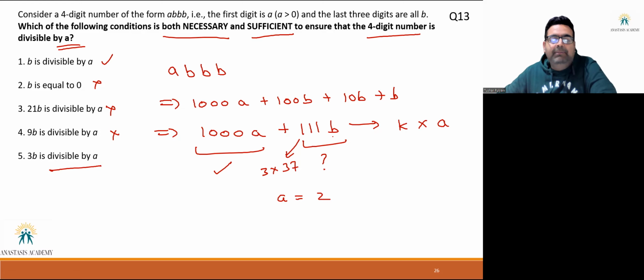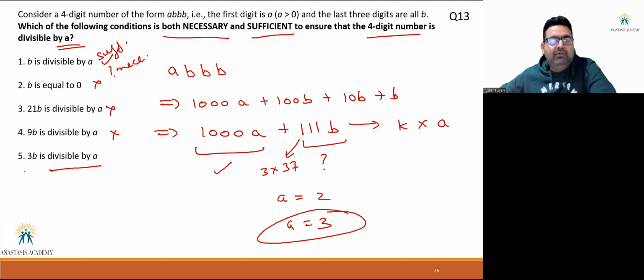Now B divisible by A is sufficient. The first option is sufficient, but is it necessary? When I said A is 2, putting B as 2 or 4 will help us. But let's take a case where A is 3, since we are talking about 3 here.